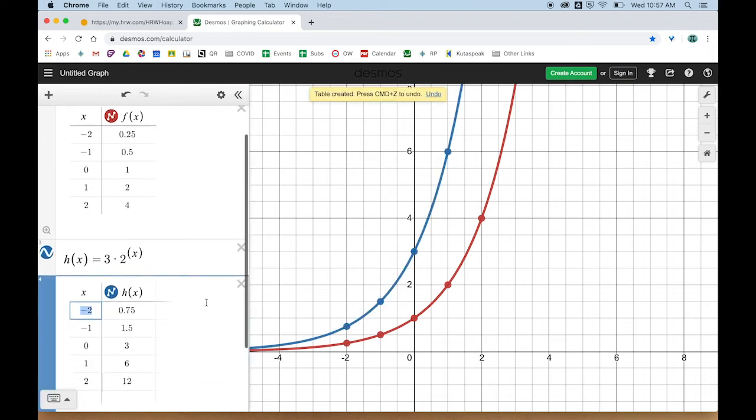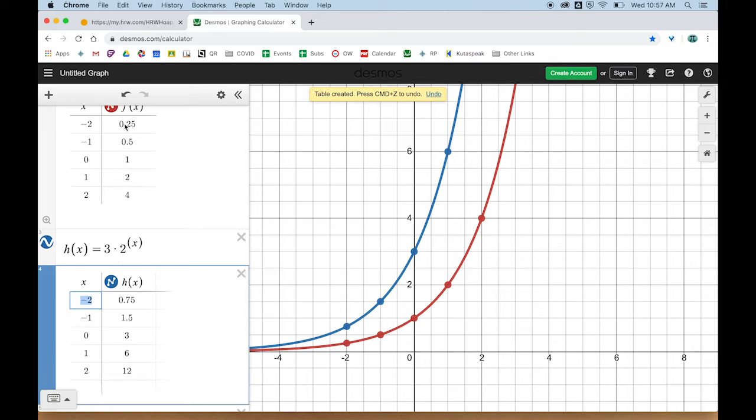All right, so you'll notice looking at the tables, well, the x values are the same, but how are the y values different here? Oh, well, 0.25, 0.75, that's off by a factor of 3, right? 0.5 times 3 is 1.5. 1 times 3 is 3. 2 times 3 is 6, etc. All right, so basically all the y values get multiplied by 3.